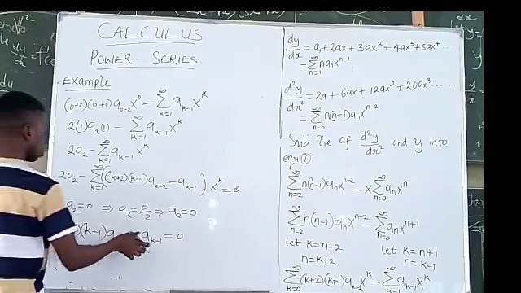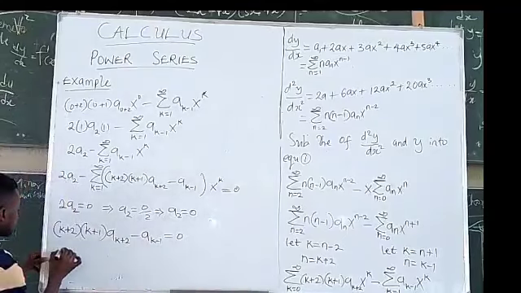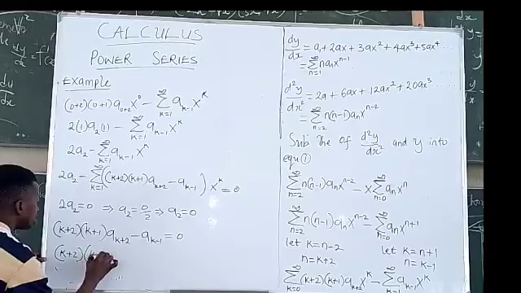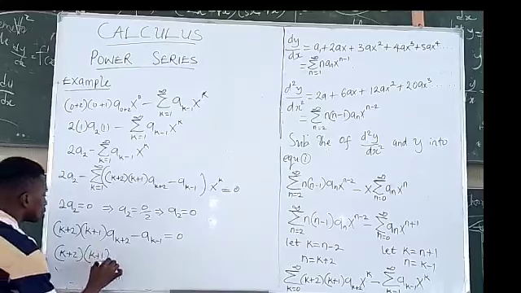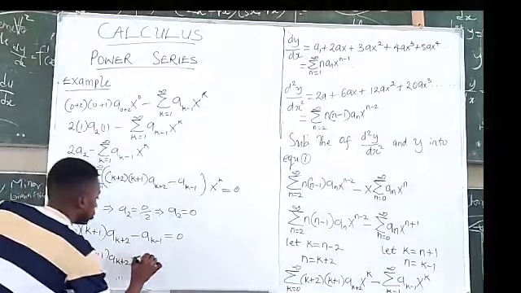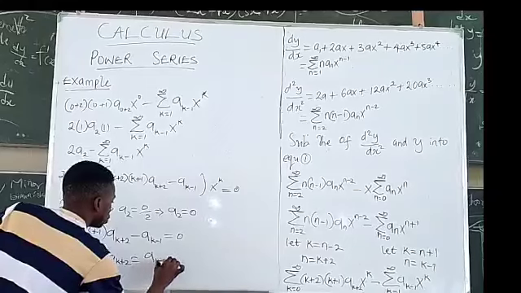Then we move this one over. It becomes k plus 2 bracket k plus 1 a k plus 2 equal to a k minus 1.